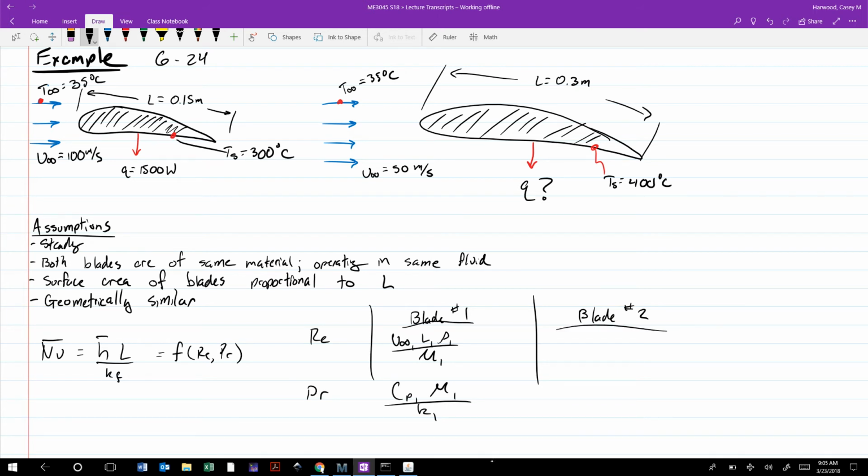Reynolds number for blade 2, similar, U infinity 2 L2 rho 2 over mu 2, and Prandtl number Cp2 mu 2 over k2.